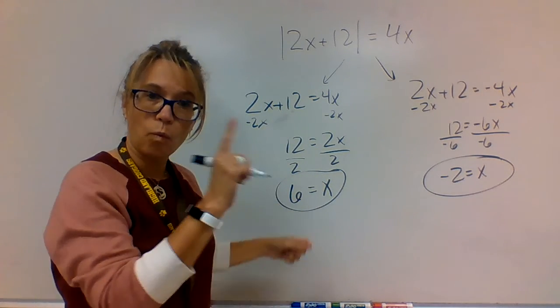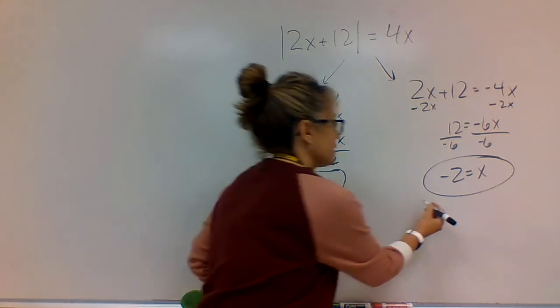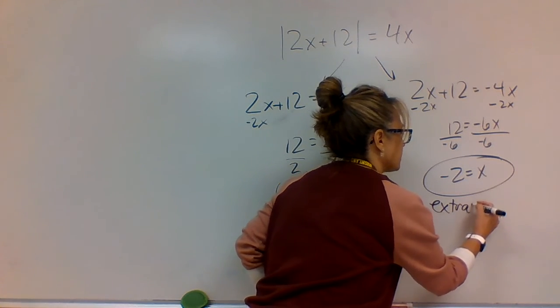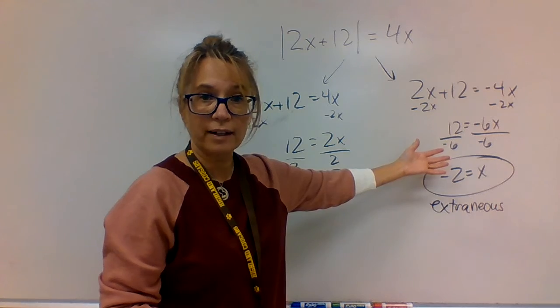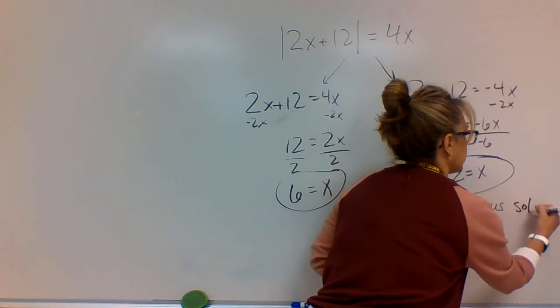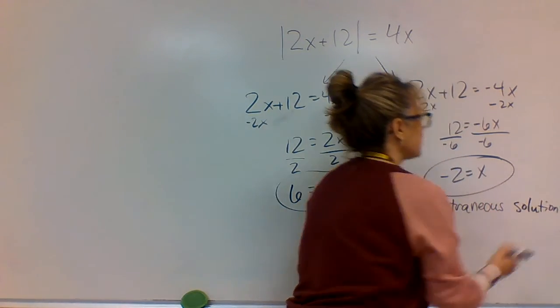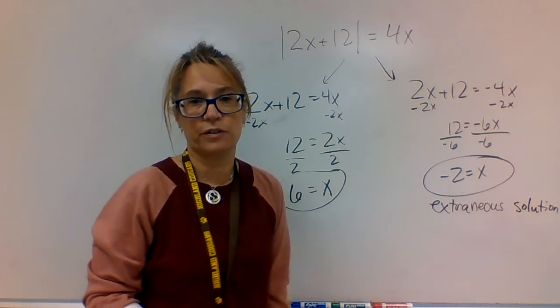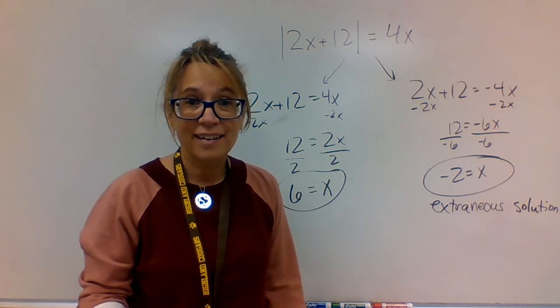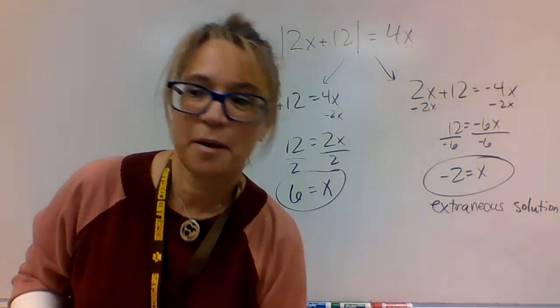So you actually get one answer, not two. So this one is called extraneous. We solved it correctly, but it's called an extraneous solution because immediately you can eliminate it as an answer because it won't work in the original equation. Okay? So hopefully that makes a little sense.